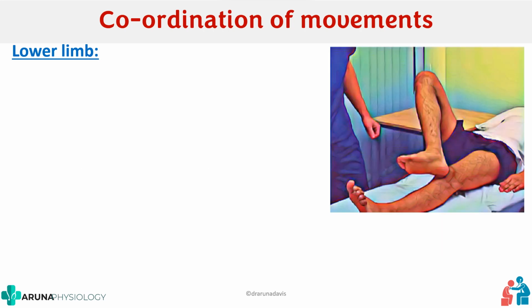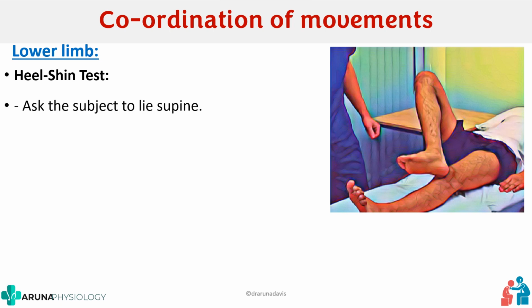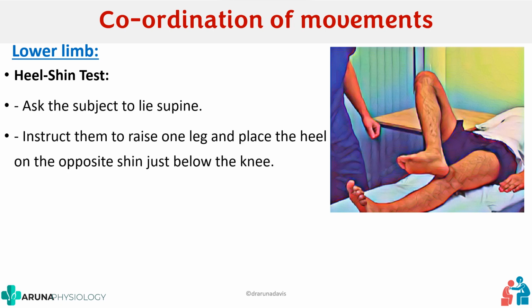Okay. So the next test for coordination of movement of lower limb is the heel shin test. In this case, you ask the subject to lie supine first, and then ask them to raise the leg and place the heel of one leg on the opposite leg. Here you can see that the subject is placing the heel of one leg on the opposite shin just below the knee.